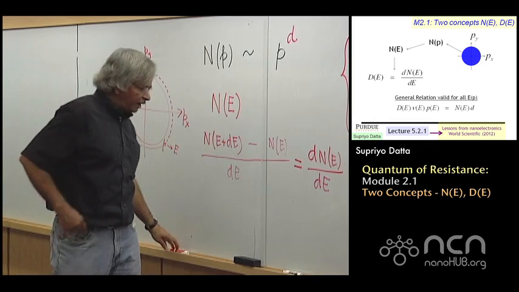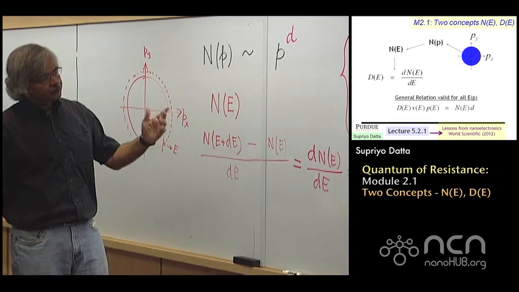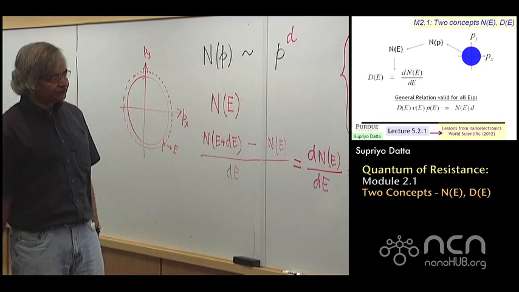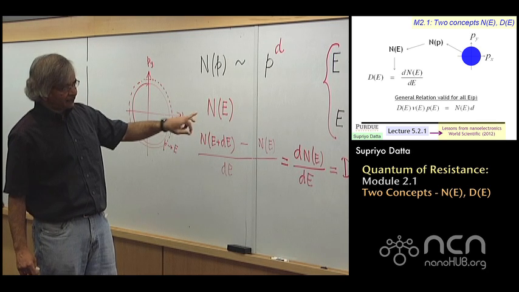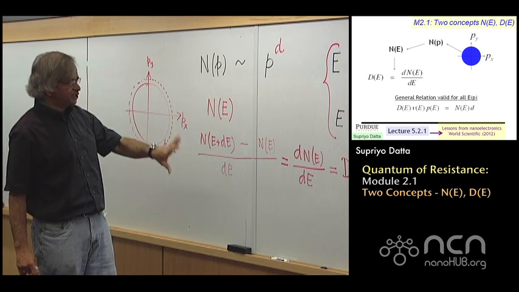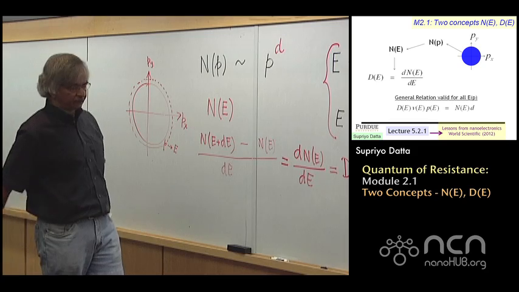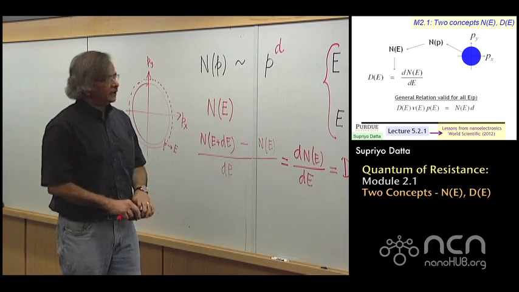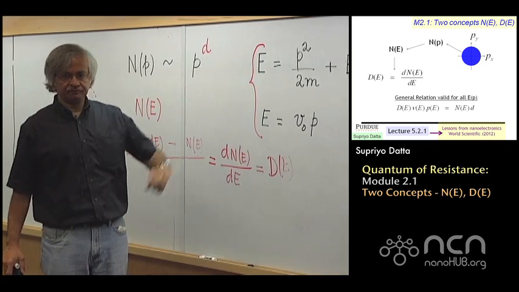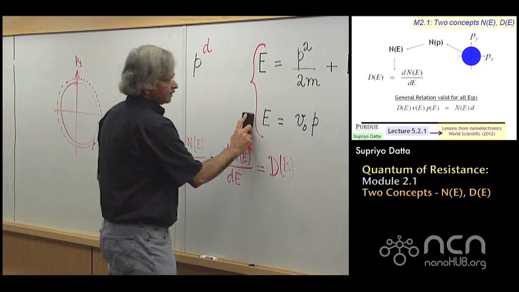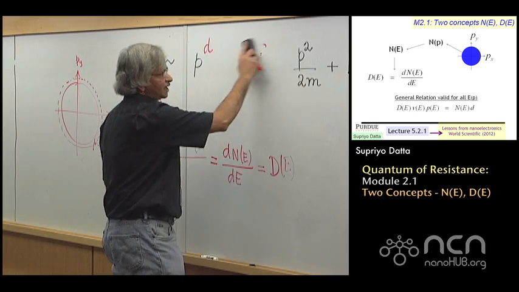Right now, I just want to finish up this module with a short demonstration of a particular relation that should hold in general, irrespective of the energy momentum relation we use. Let me first state it.